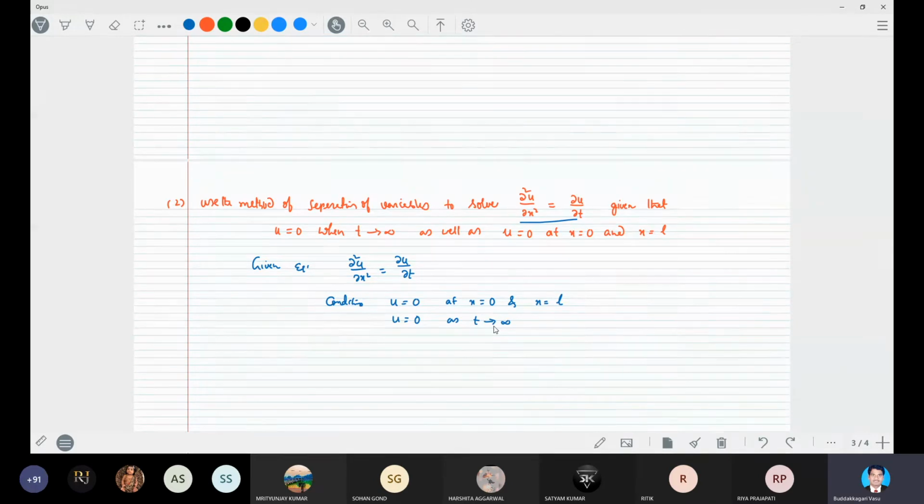This is the problem. We have to solve this equation. So let us solve equation 1 subject to the conditions 2. This is very clear, right?